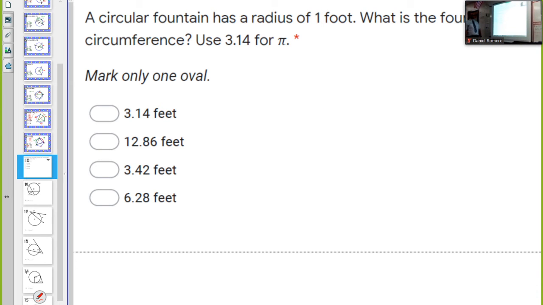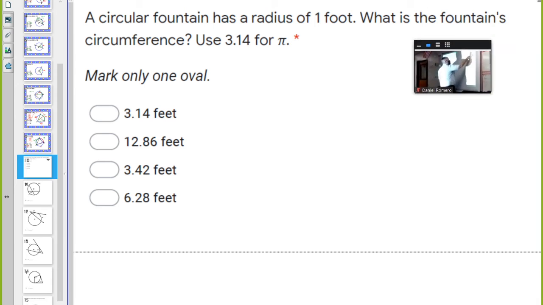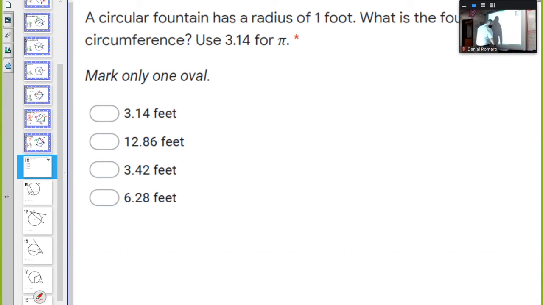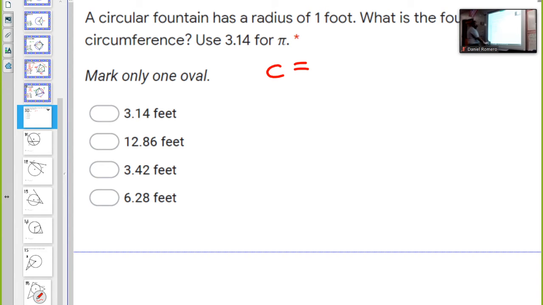A circular fountain has a radius of 1 foot. What is the fountain circumference? So what is the formula for circumference that involves radius? Very good, thank you, Curtis. 2 pi r.